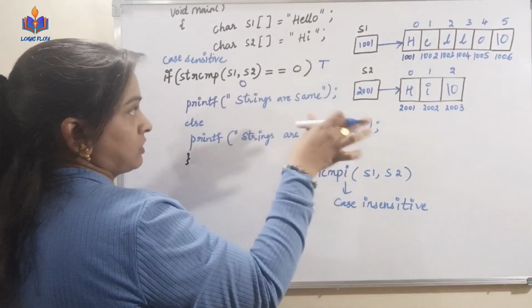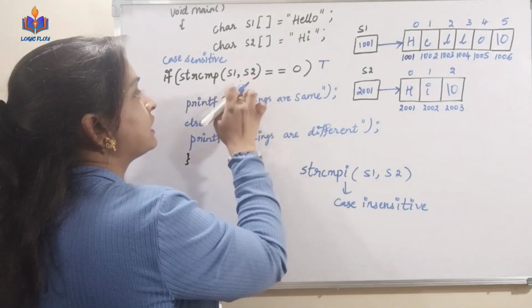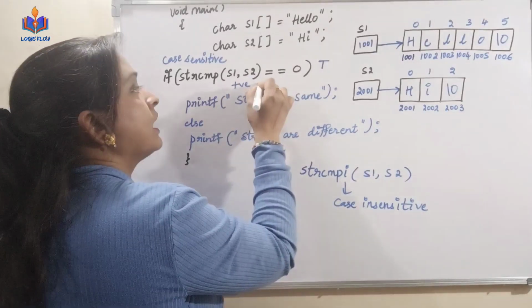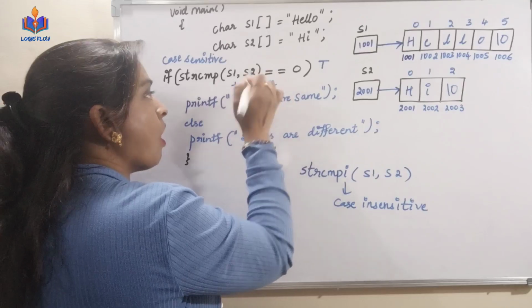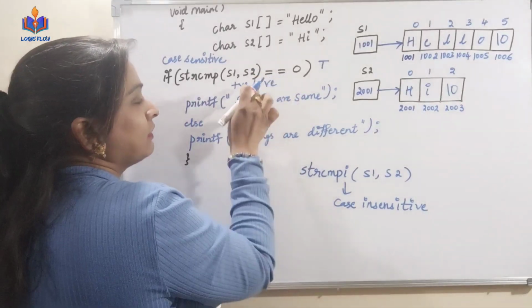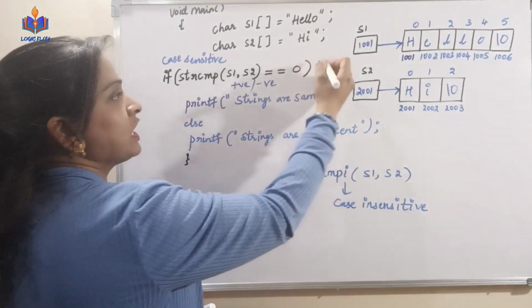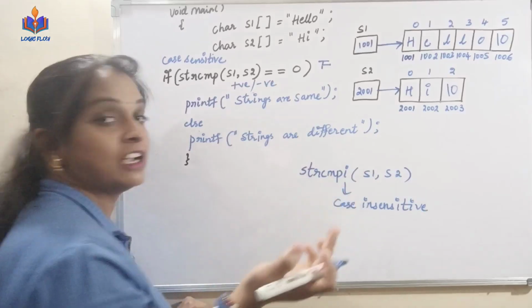If not, if it is returning some positive value or negative value, that value does not match with 0, then the condition becomes false. I'll come to else, then I print strings are different.